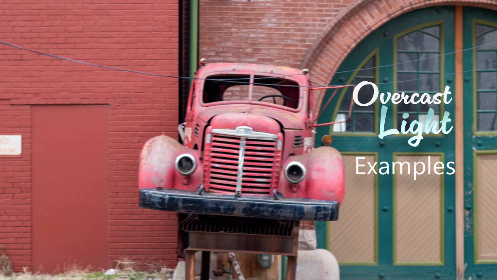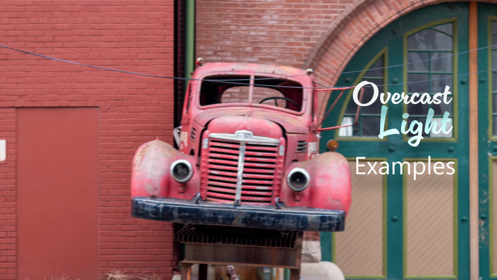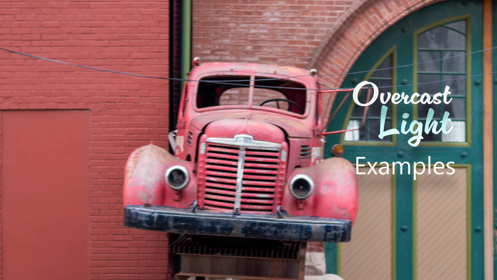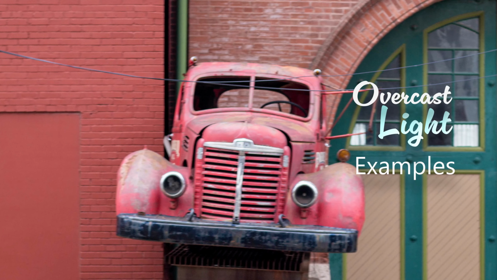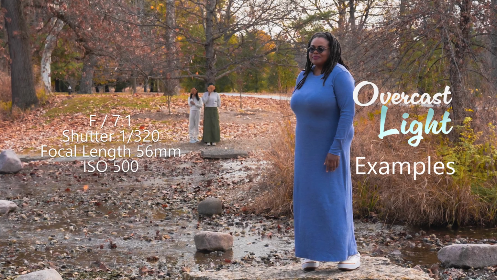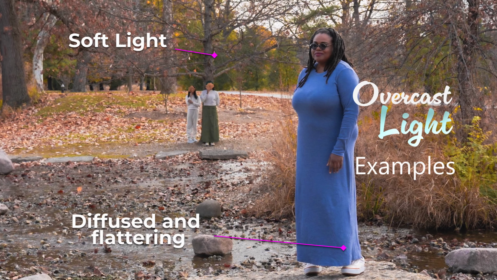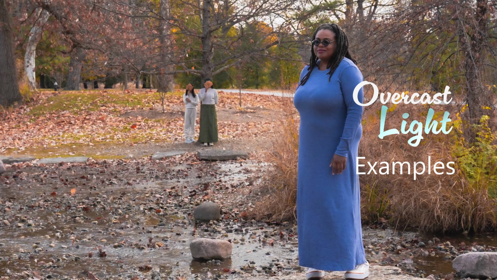Somebody in our hometown bought that old building. I think it's an old fire station, and turned it into a house. How cool is that? Yeah, but overcast light, super flattering, covers everything, nice and pretty. It's gonna help your subject look the very best they could possibly look.